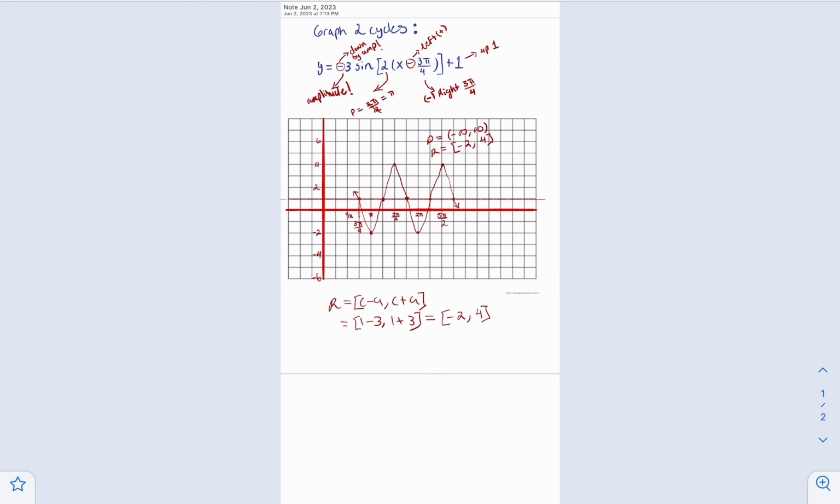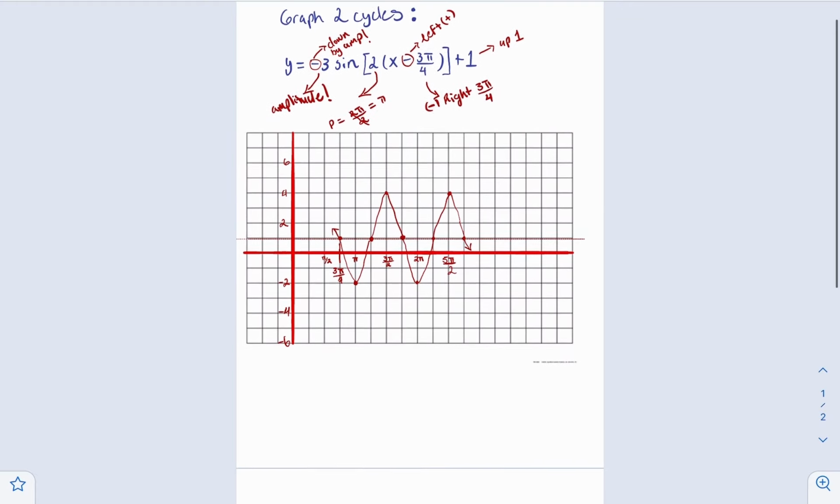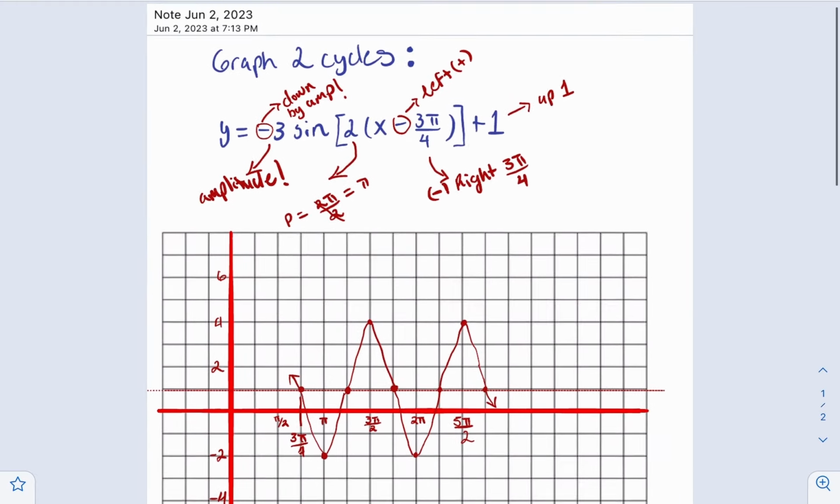Okay? So this is all you need to know to graph a sinusoidal function, and it's pretty easy.